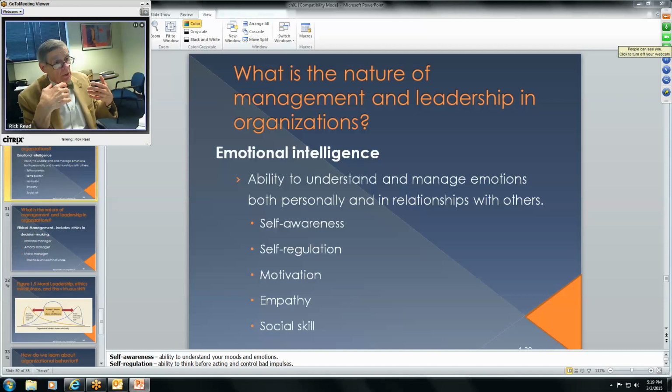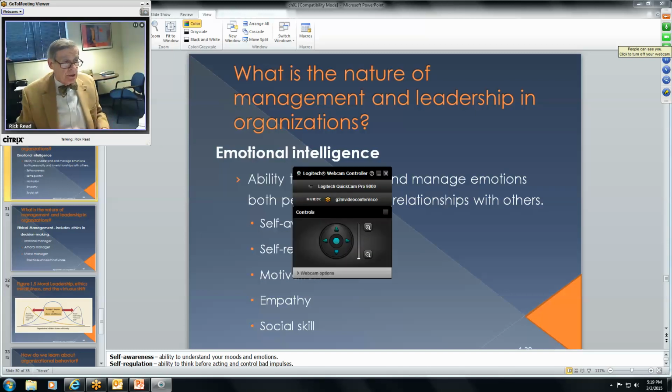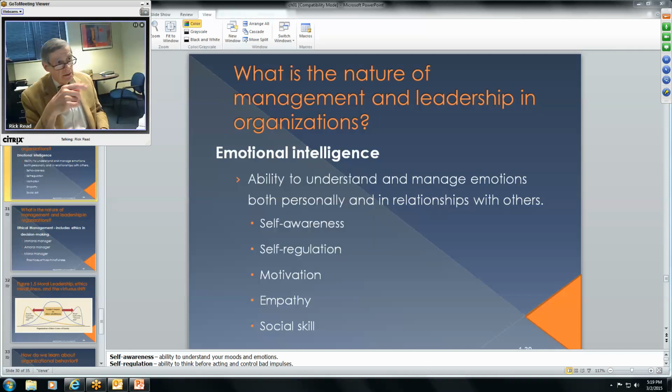It says here motivation, but I'm saying being motivated. You have empathy. That's just being able to put yourself in the other person's shoes and understand his or her situation. Much different than sympathy. We often lump those two together. They're not the same at all. And then good social skills, obviously something that's really needed.